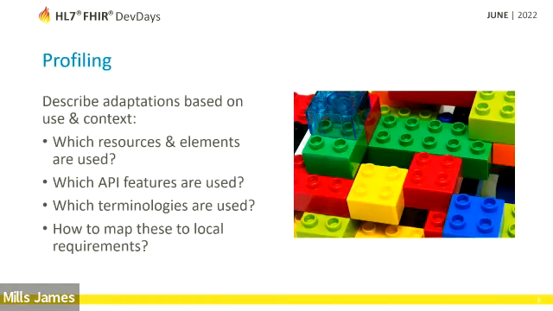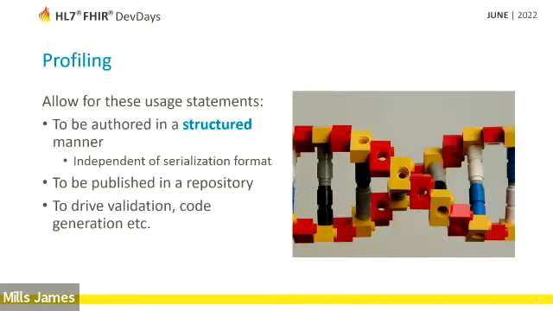You also need to describe the terminology that is supported in your implementation. And you need to address the question of how to map all of these to local requirements. You would like to describe this in a structured manner, because in that way you can publish it in a repository and implementers can use those structures, for example, to drive validation, use it for code generation, or even build a user interface upon that.